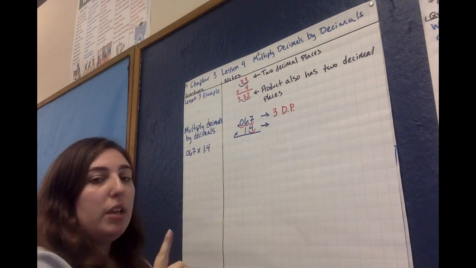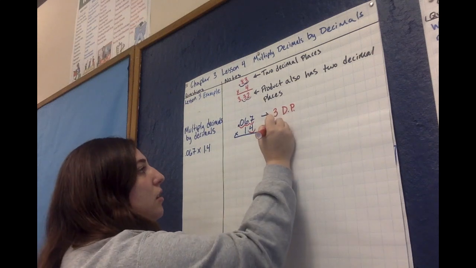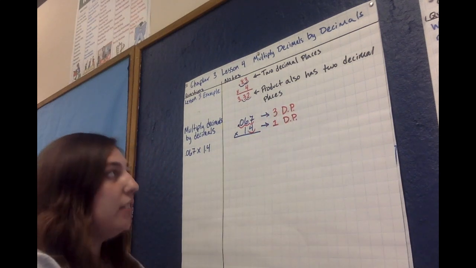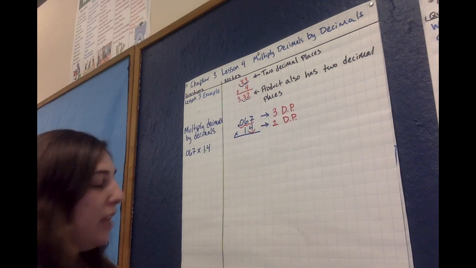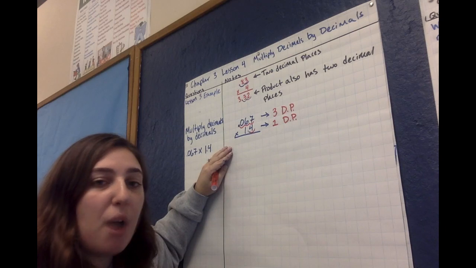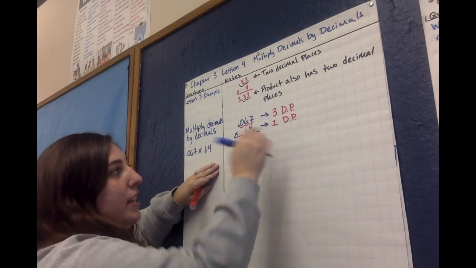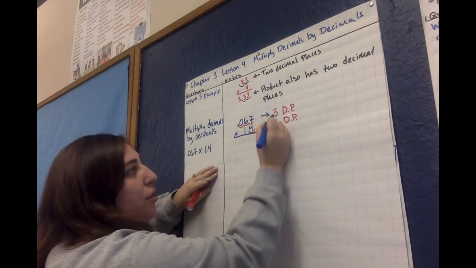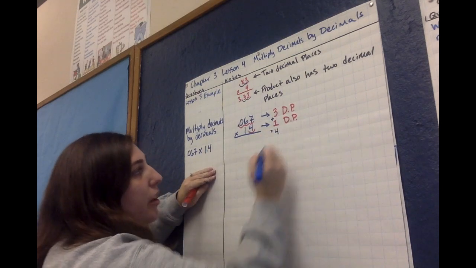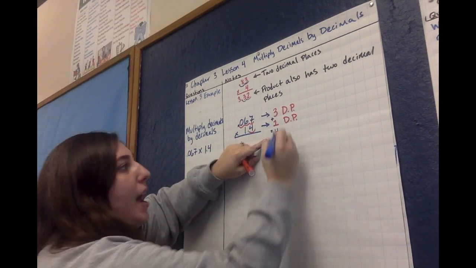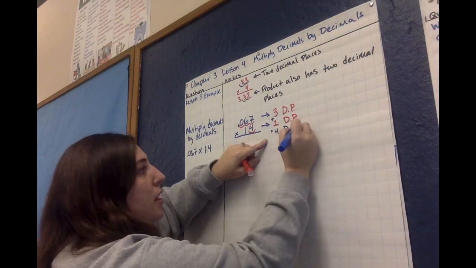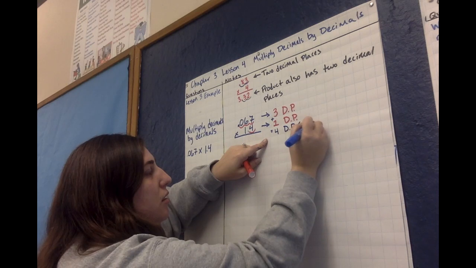Looks like there's only 1 decimal place. So I'm just going to put 1 DP, so 1 decimal place. Okay, so then when I'm trying to figure out how many decimal places my product will have, I'm going to add these up. So 3 plus 1 equals 4. So my product should have 4 decimal places, okay? This will be the product.